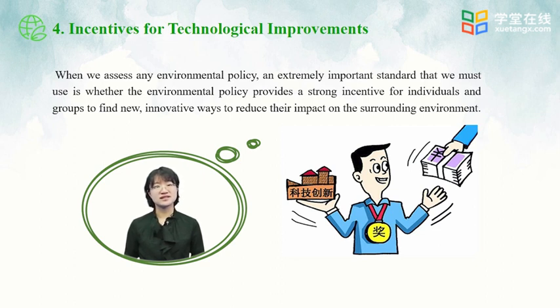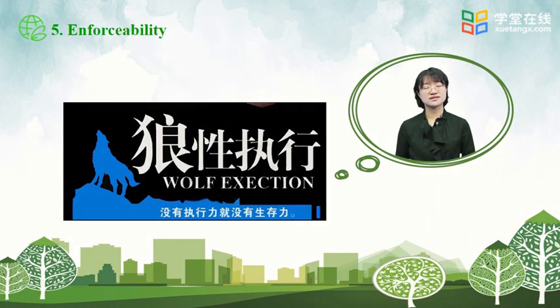But in fact, the implementation of a policy takes time and requires other resources, such as manpower and funds, but public financial expenditure is limited, and sometimes there are conflicts between the expenditures on environmental policies and the expenditure of other projects. How to balance these conflicts?